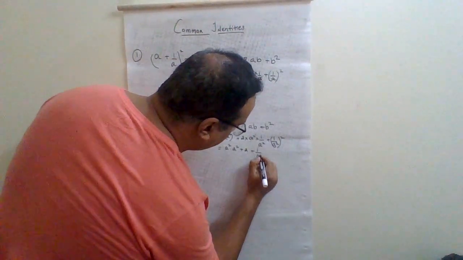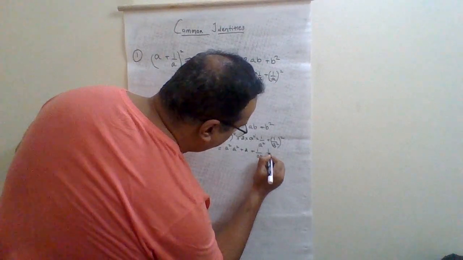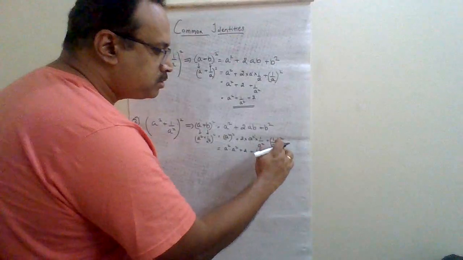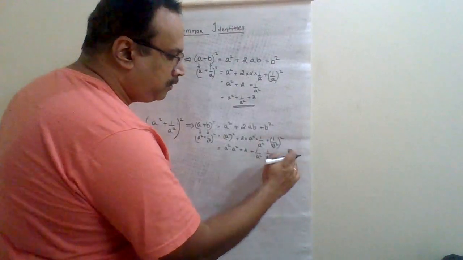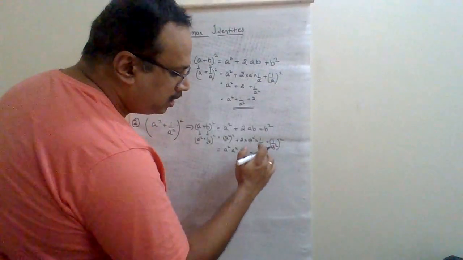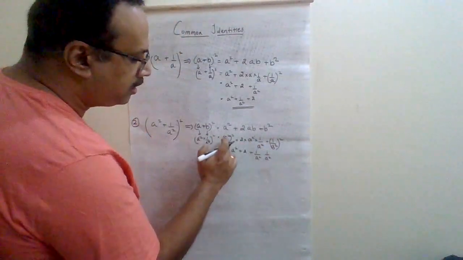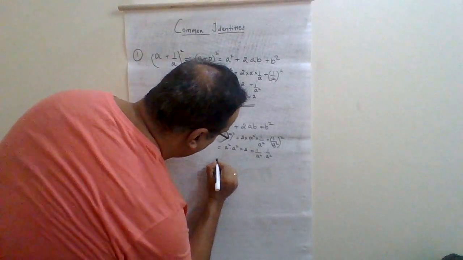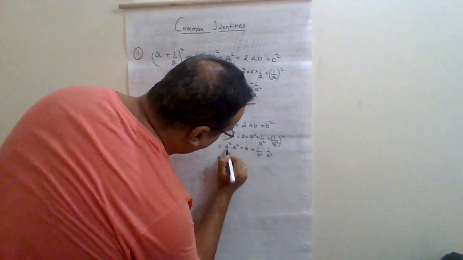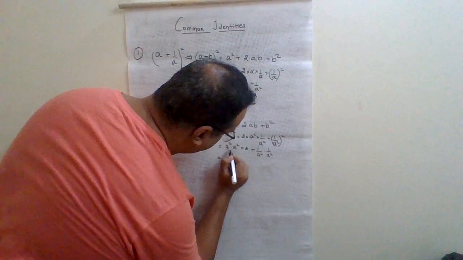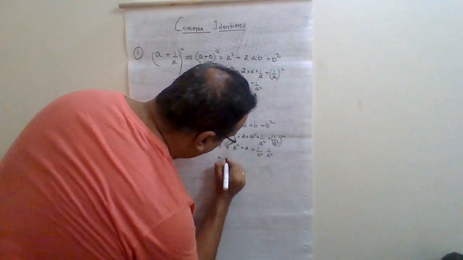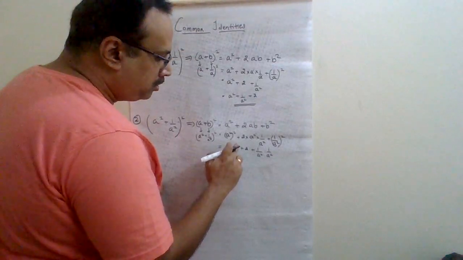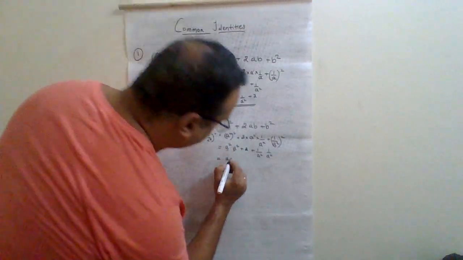1 by a squared into 1 by a squared, because it is twice, it is 1 by a squared to the power of 2. If it is power of 3, it will be 1 by a squared into 1 by a squared into 1 by a squared. Here also a squared into a squared, right? So now since the base is the same, we can put this as a, and we'll have to add this 2 plus 2, that is equal to 4.